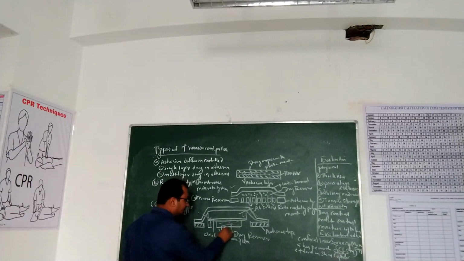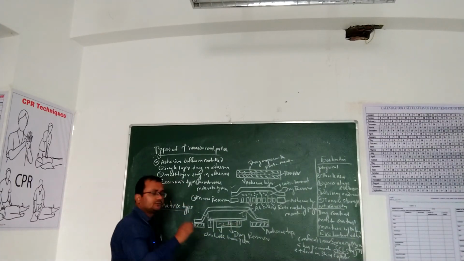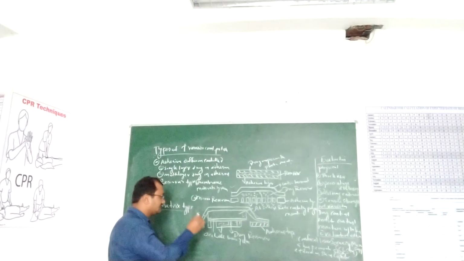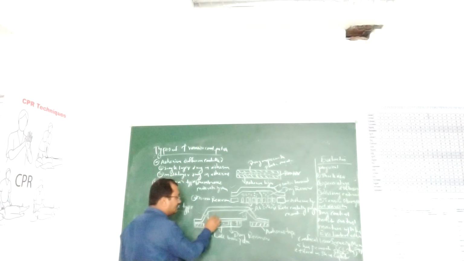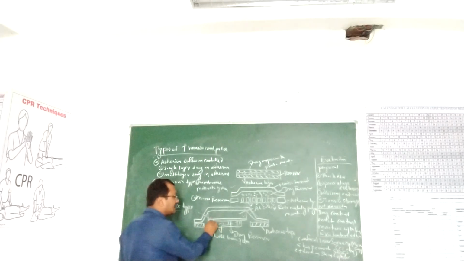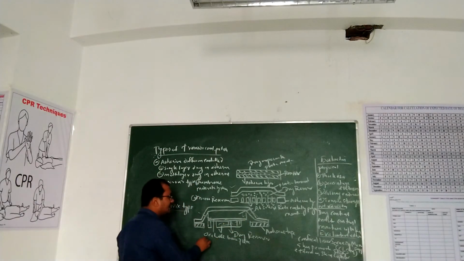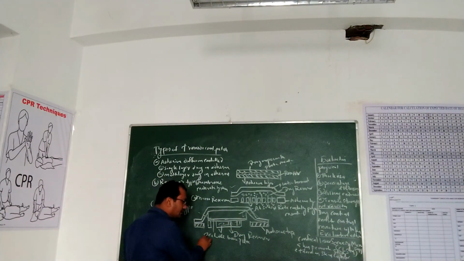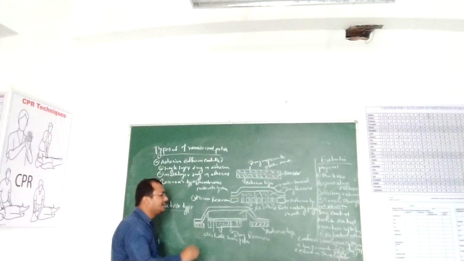This part is your drug reservoir, which will be in contact with the skin, and in between the absorbent and drug reservoir there is another layer that we call the occlusive base plate.